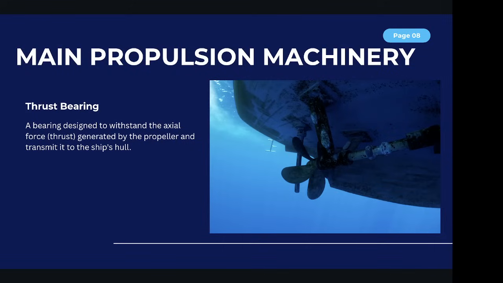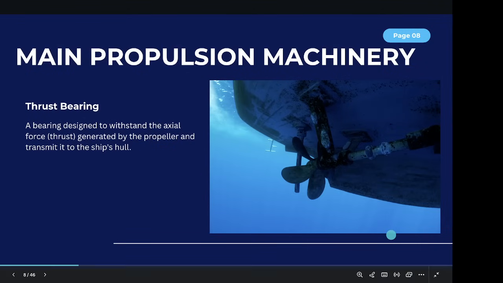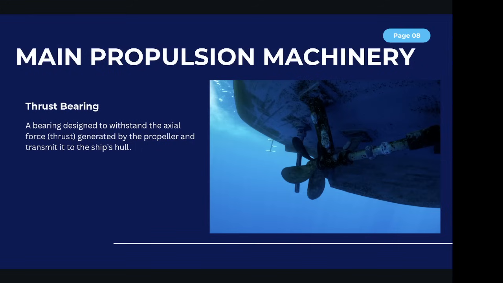So next that we have here is what we call the thrust bearing. The thrust bearing is designed to withstand the axial force, or the thrust, generated by the propeller and transmit it to the ship's hull, allowing the vessel to move forward.